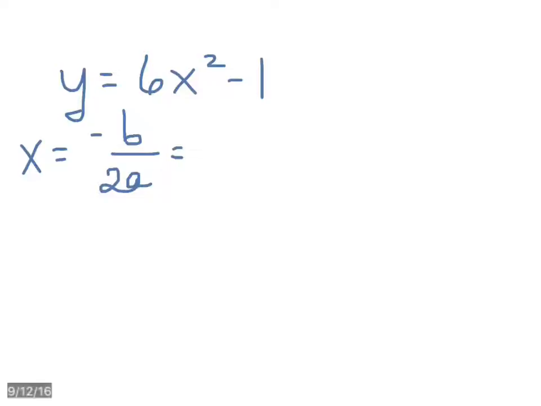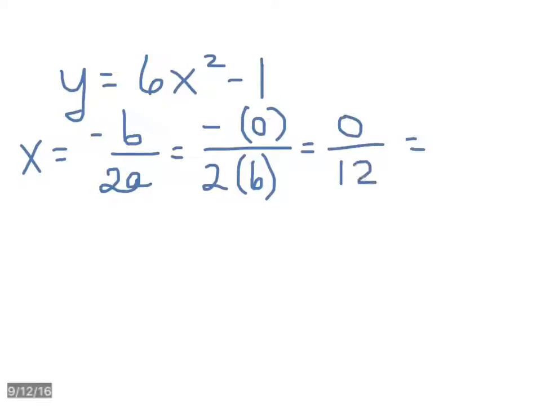So therefore our b is 0. What number was in the a position? 6. Negative 0. What number is that? Just 0. Divided by 12 is still going to be 0. Now, to get the y coordinate, you plug in 0.